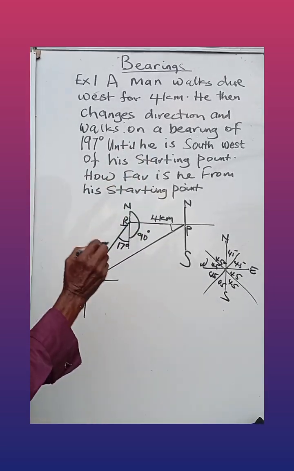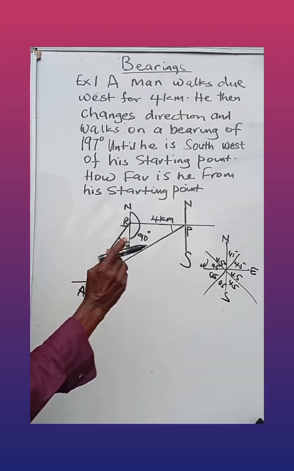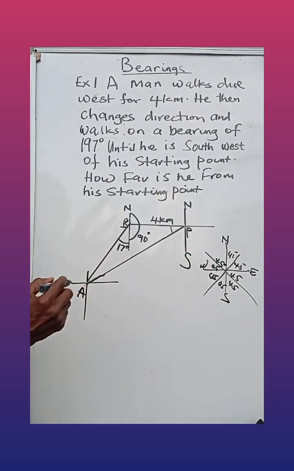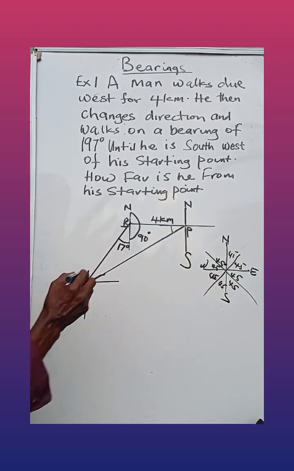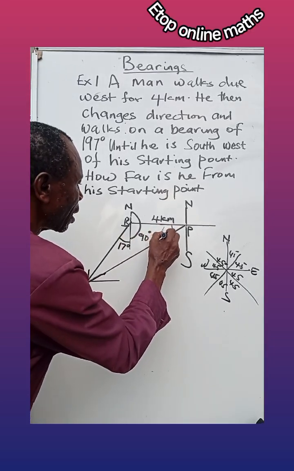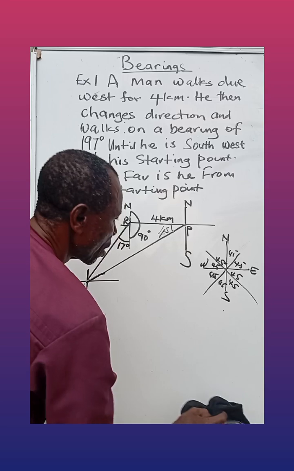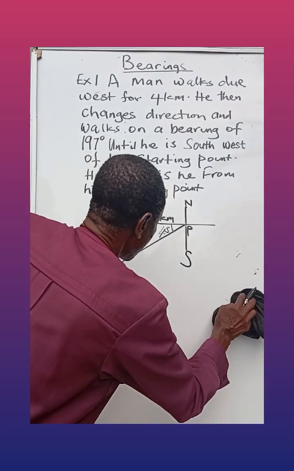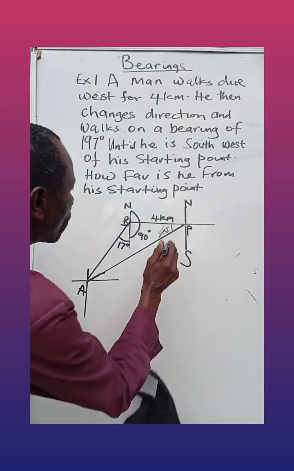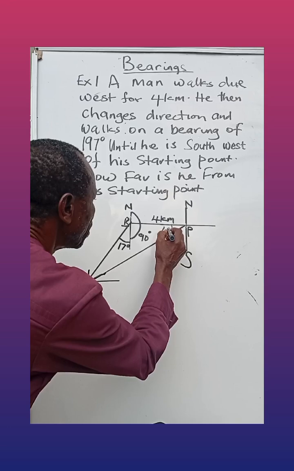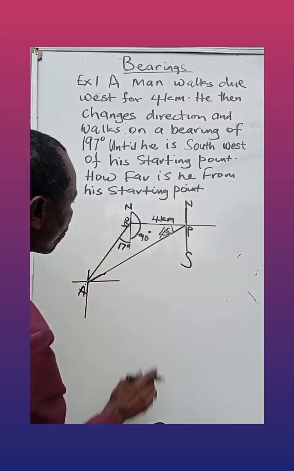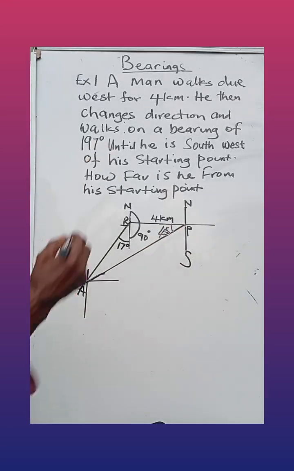So the child would quickly know that he's given 45 degrees. So this angle now automatically is 45 degrees. So from here, I now have my diagram.